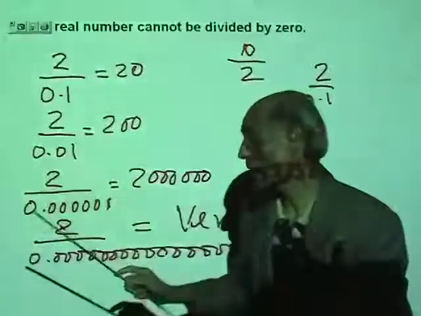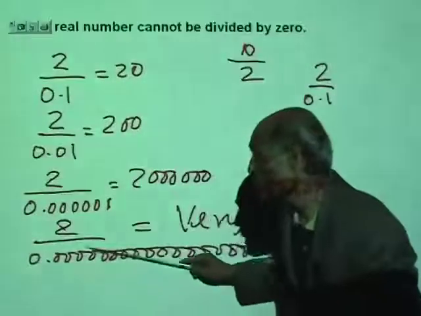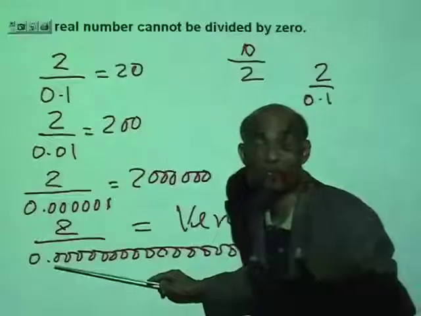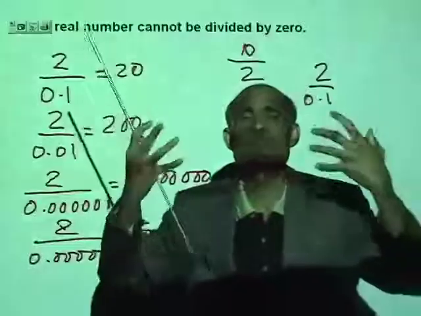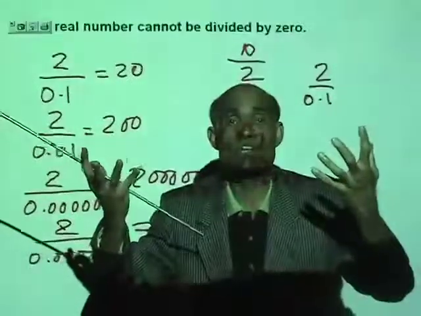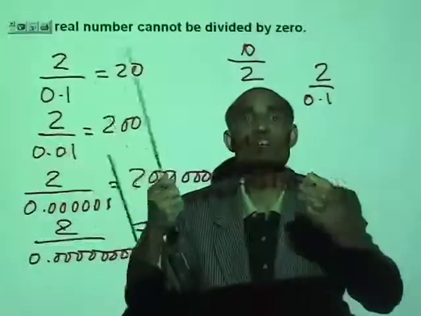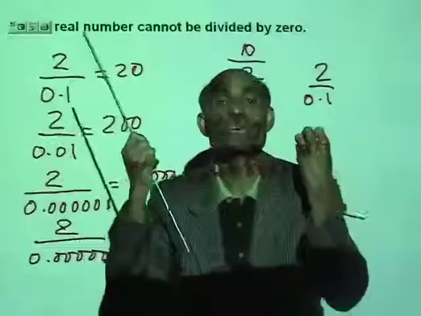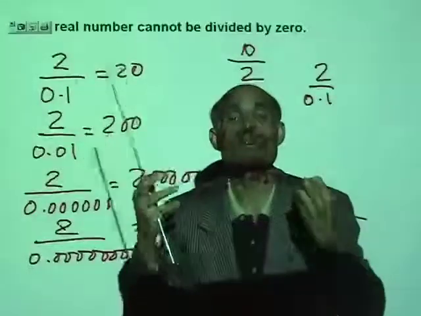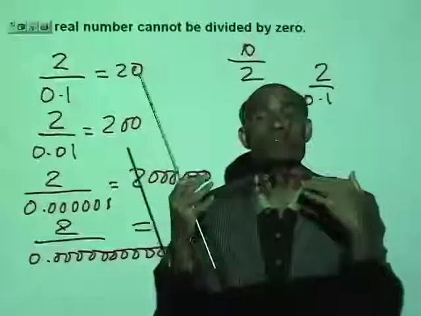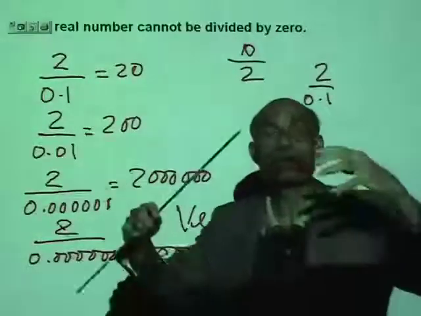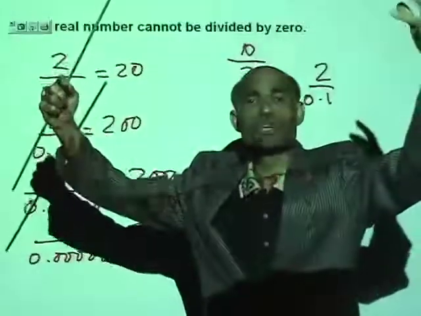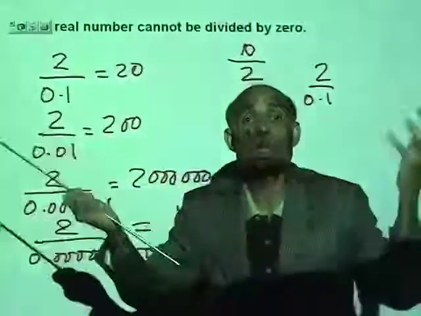That means, ultimately, if the denominator happens to become 0, the result will be so huge, it is beyond our imagination. We say such a number does not exist. You cannot divide a real number by 0. Dividing a real number by 0 will be so huge, nobody can even comprehend it.